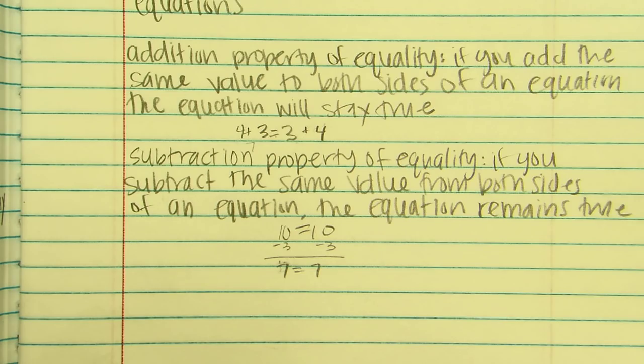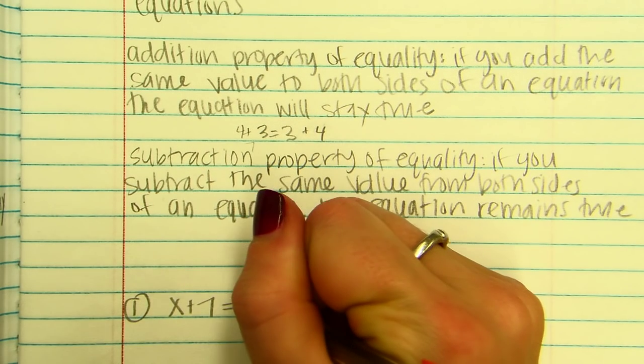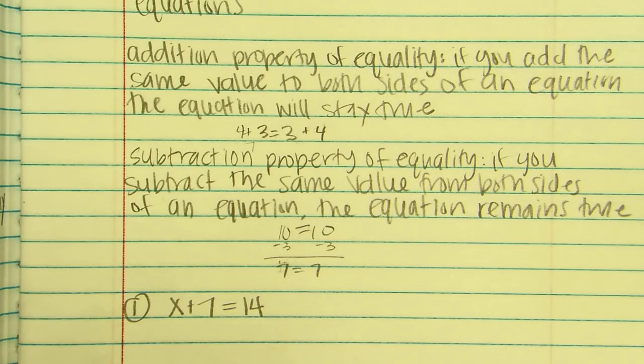So for our first example, let's do x plus 7 equals 14. You always have to do the inverse operation to undo what's being done to the variable. Actually, I should say this before.